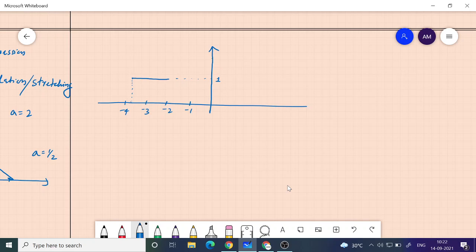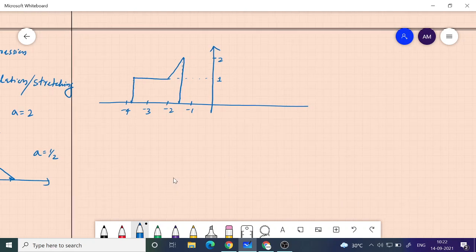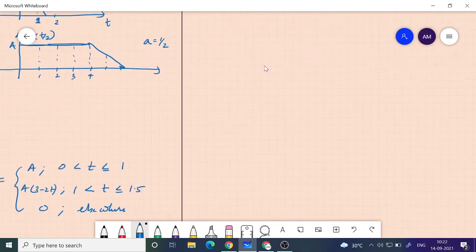So 2 is somewhere here, and minus 1.5 is somewhere here. Okay, so this is our function. The original function, the only thing I did is I shifted it. So this is therefore x of t plus 3. I did not do anything else, only one operation, that is the time shifting operation.